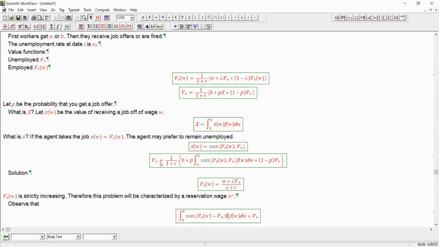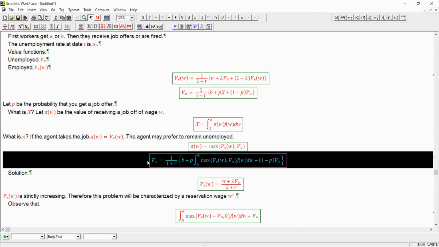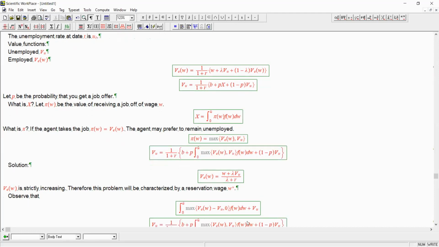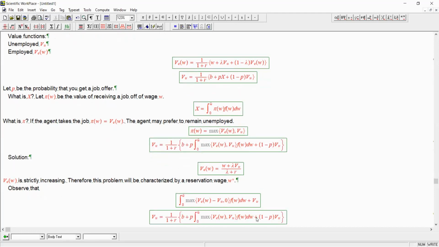And that means that this equation here can be expressed somewhat differently. Let's multiply both sides by 1 plus R. So that's gone. And now let's rewrite this in this manner.